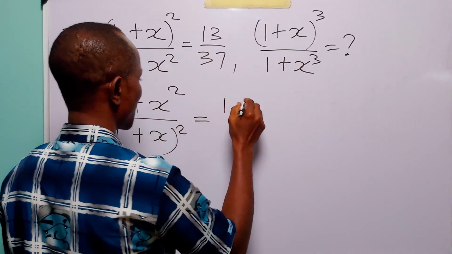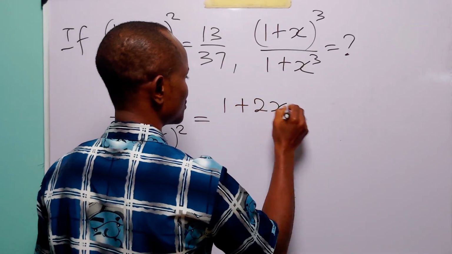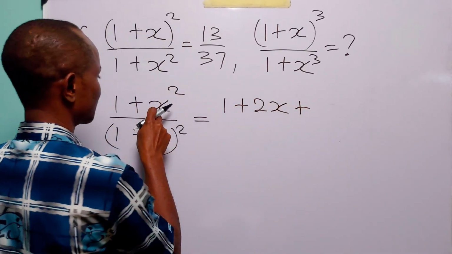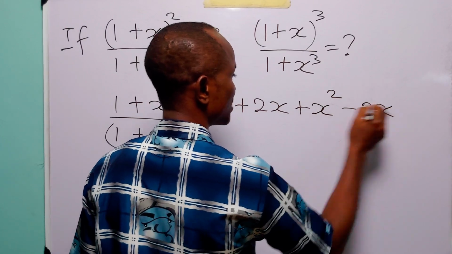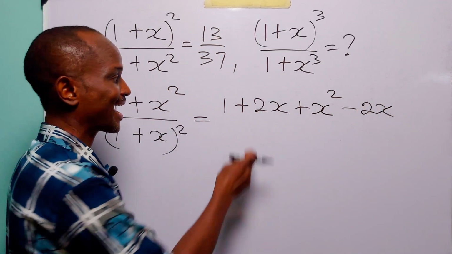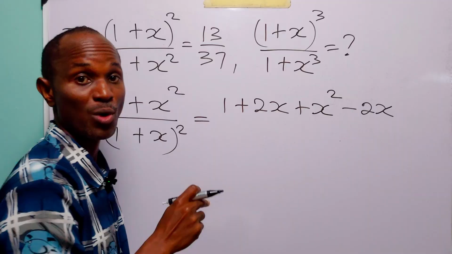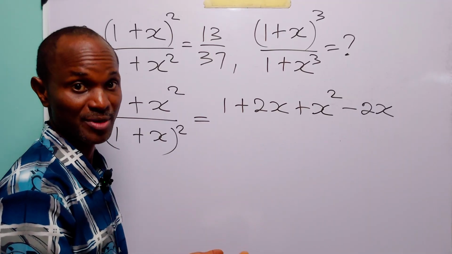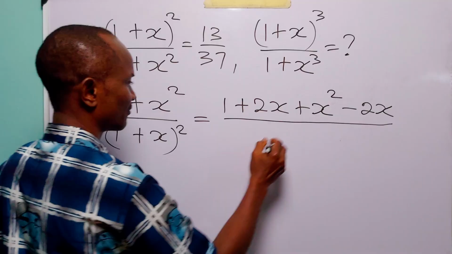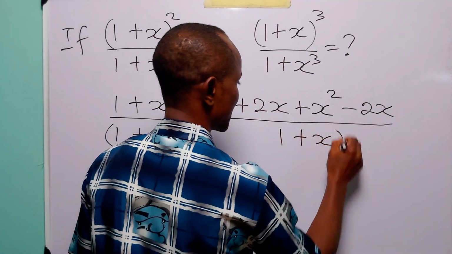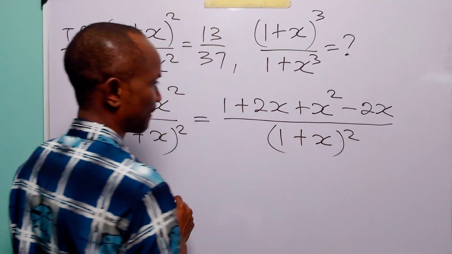That is 1 + 2x + x² − 2x. Of course, by adding and subtracting the same quantity, I have not changed the numerator in any way. And in the denominator, we still have 1 + x².